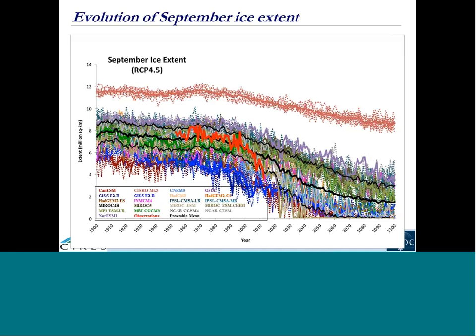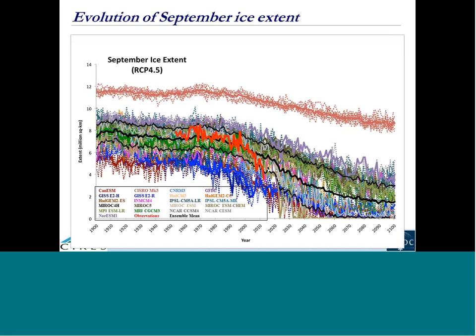But I think if you look a little bit further along in time on the ensemble mean, then you do see some more dramatic drops in sea ice extent that are similar in character to the observations.